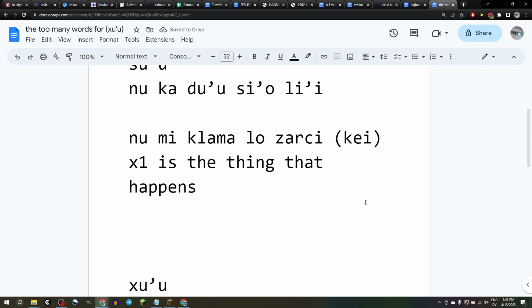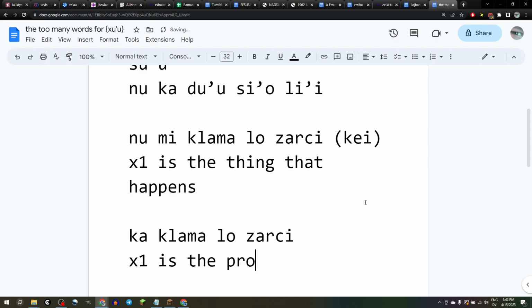It's an event. But with ka, we take a whole sentence like klama lozarshi, she goes to the market, and what we're making is a property. That means x1 is the property of being doing, and here we describe the thing being done.